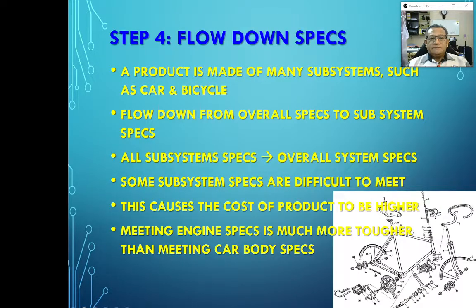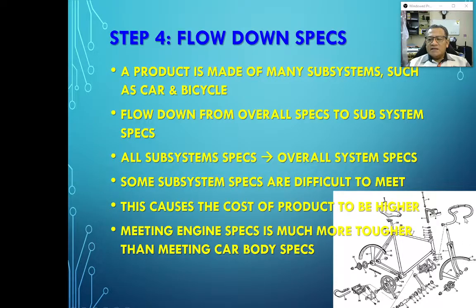for your newly designed product specification. Okay, so step 4 to produce the prototype of your mountain bike is basically to have the flow down spec, right? What is a flow down spec? A flow down spec is basically that a product is made of many subsystems, right?